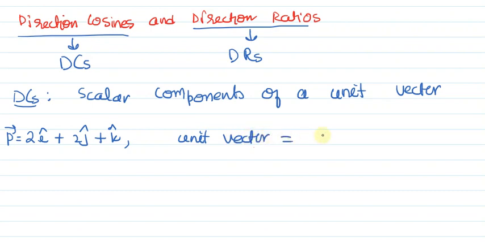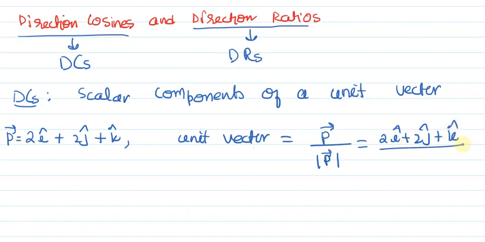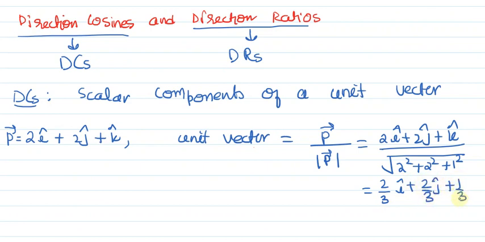So unit vector means p vector and then magnitude of the p vector. So this will be 2i cap plus 2j cap plus k cap divided by under root 2 square plus 2 square plus 1 square, and then you will be getting 2 by 3 i cap plus 2 by 3 j cap plus 1 by 3 k cap.